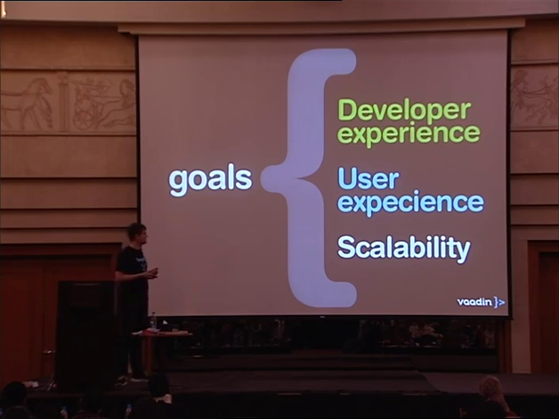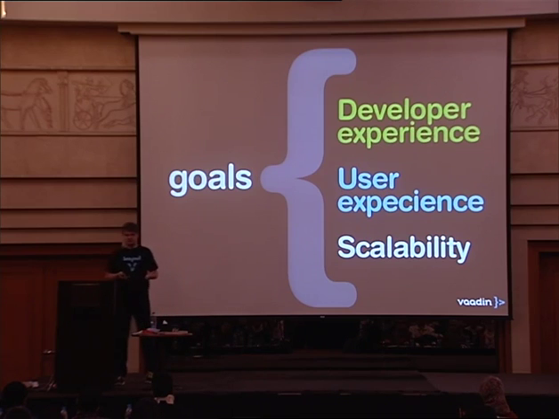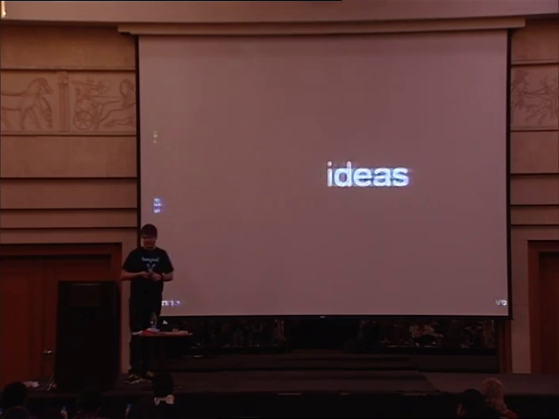This is actually a bit different than Google Web Toolkit. Google Web Toolkit, I think the first goal is scalability. It tries to minimize the amount of servers you need to create Gmail in your application. And I think it's not a reasonable goal, but it's not our goal. Our goal is developer experience.